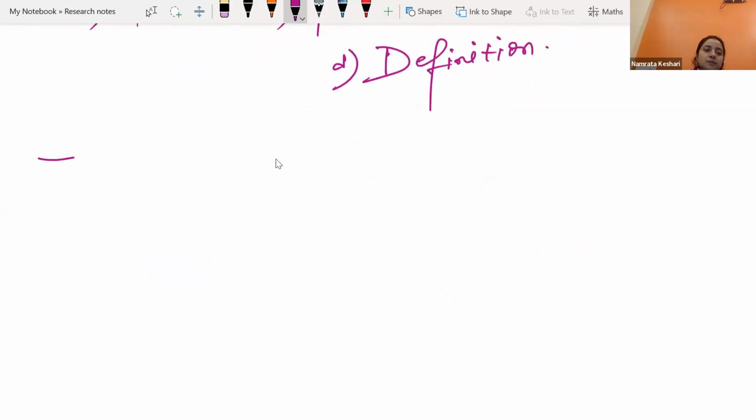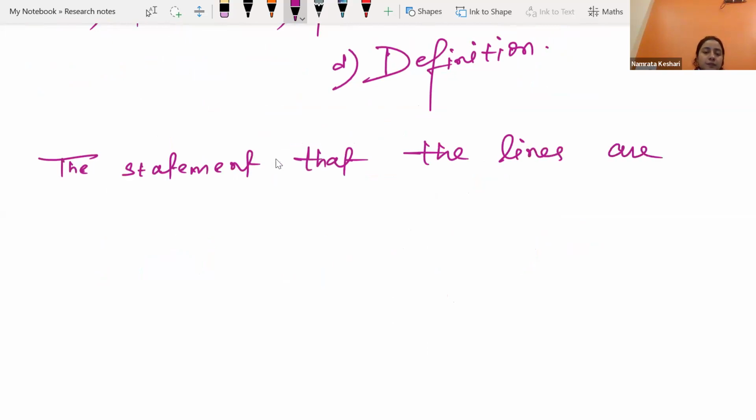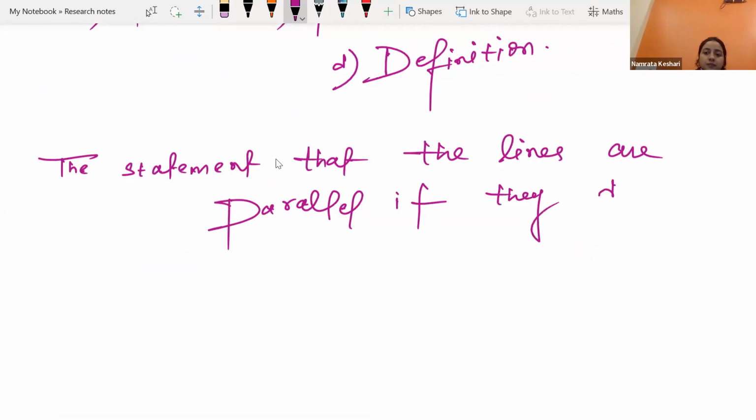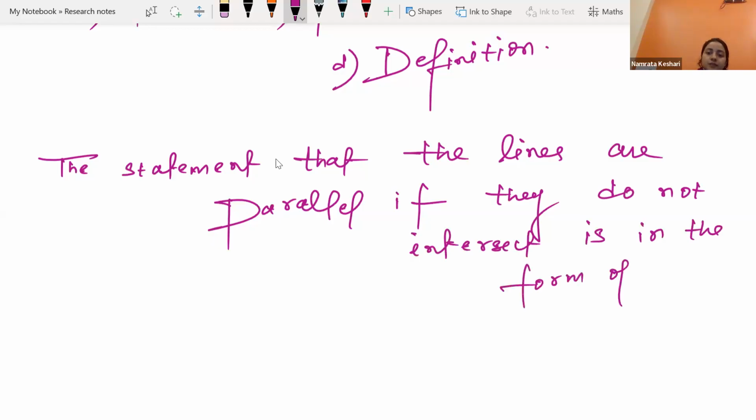The statement that lines are parallel if they do not intersect is in the form of: is it a theorem?